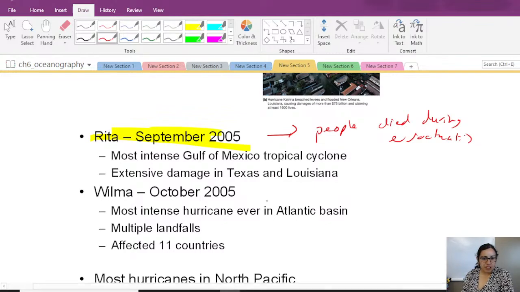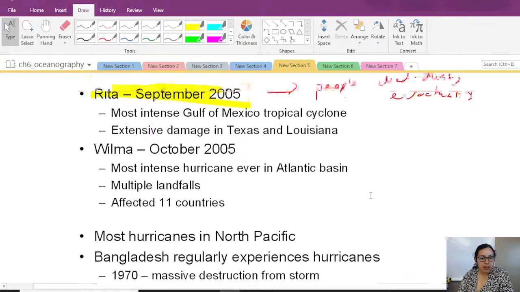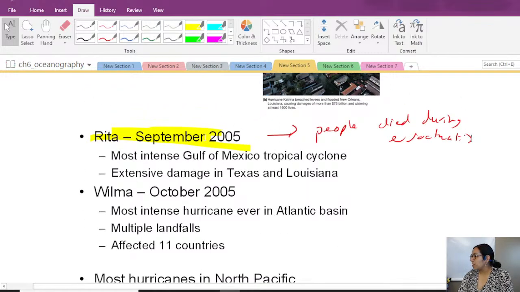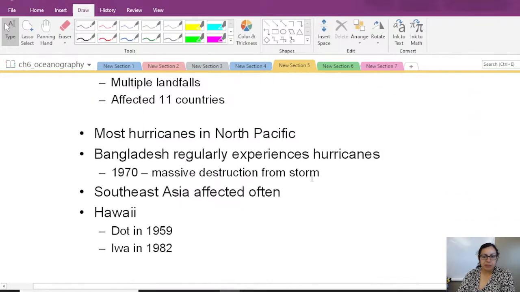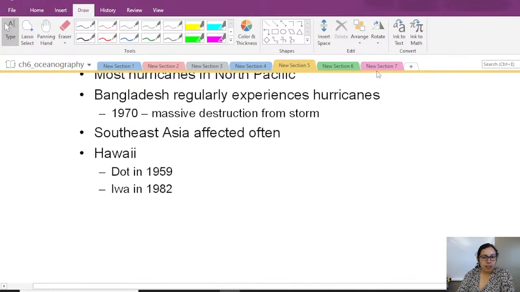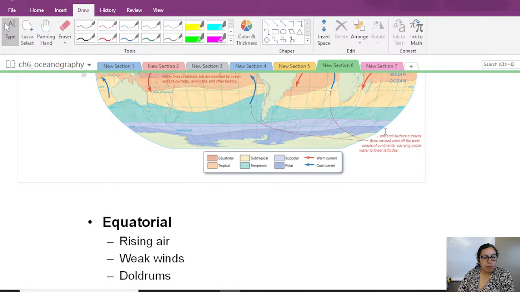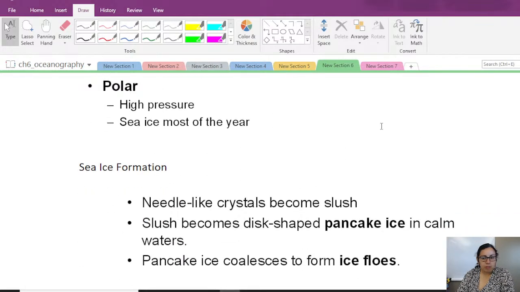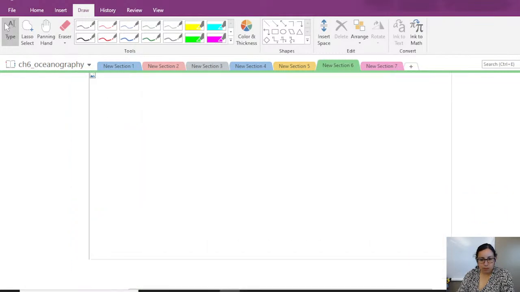It's also hard to predict where a hurricane's going to land. You do your best, but okay. All right, maybe we'll save this for Thursday.